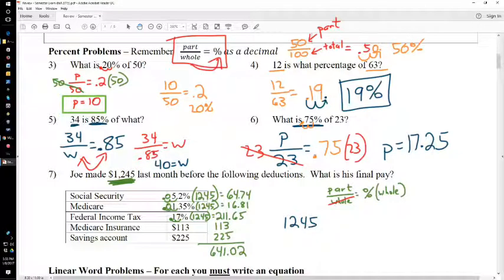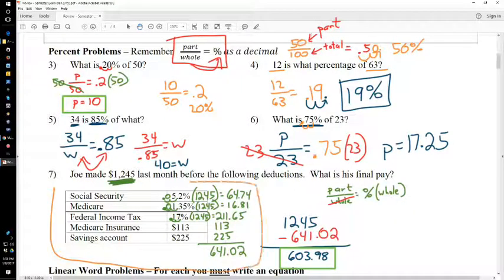We're taking away the deductions. So 1245 minus the deductions equals his take-home pay. That is how much money he's going to get on his paycheck after all of these deductions.